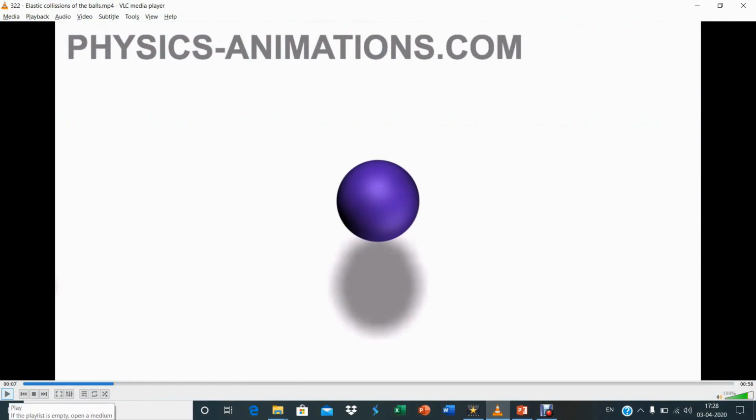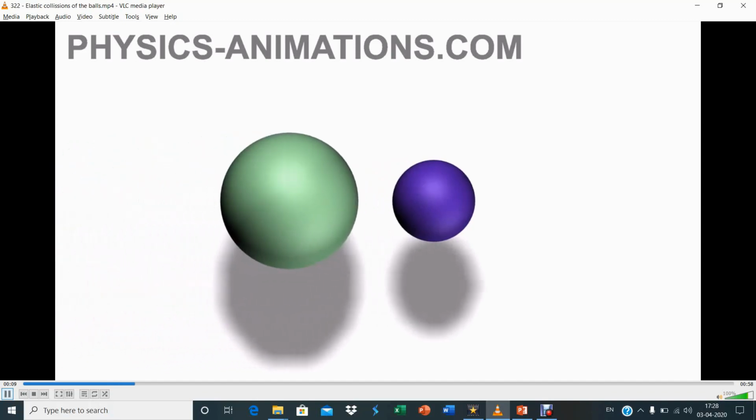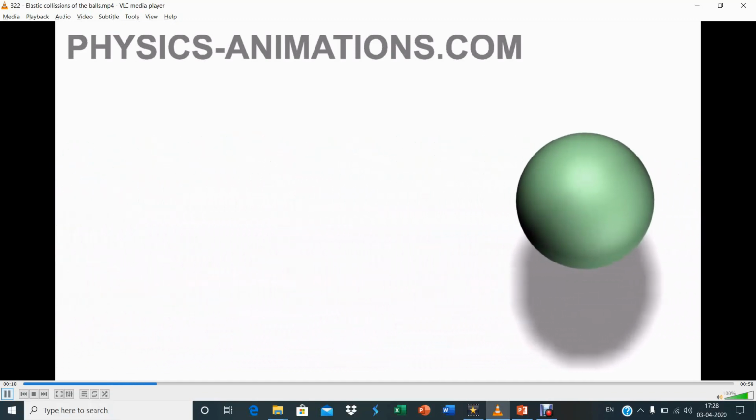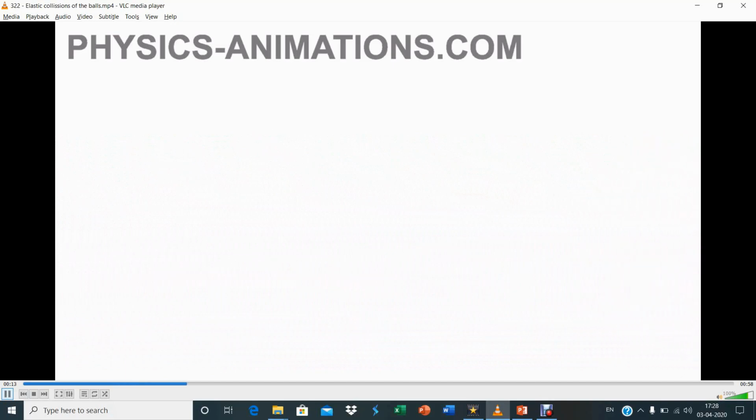If you look at the ball here, a ball is at rest. When another ball comes and hits it, the ball at rest goes into motion. Now let us see how to derive the relation for kinetic energy.